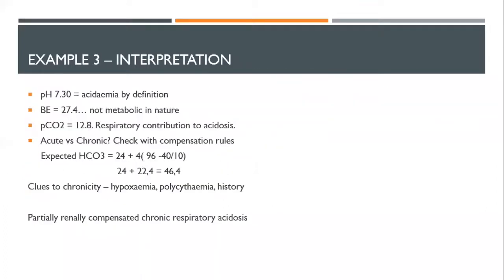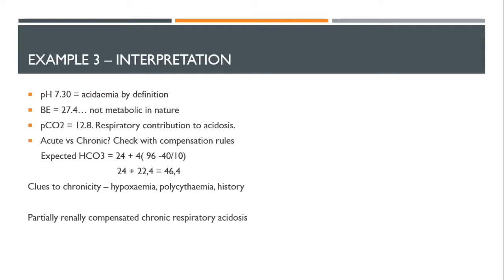So if we look at interpreting this disturbance, the patient is again by definition acidemic, even if it's only ever so slightly low. Acidemia is a pH of less than 7.35. Her base excess is 27.4, so in this case it's absolutely not metabolic in nature. And her PCO2 is 12.8 kPa or 96 millimeters of mercury. So she definitely has a respiratory contribution to her acidosis.